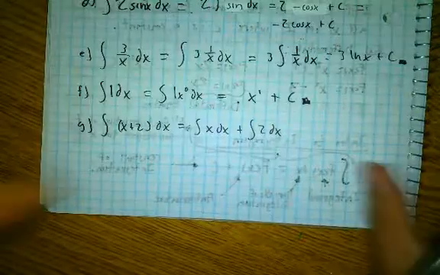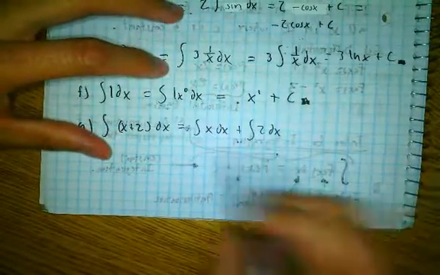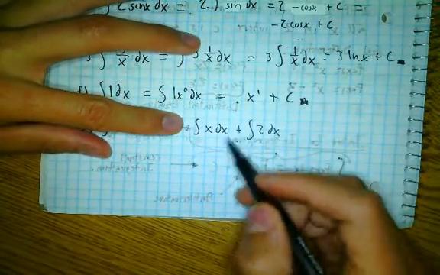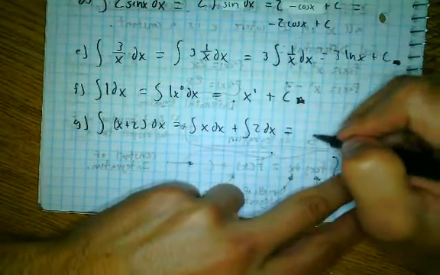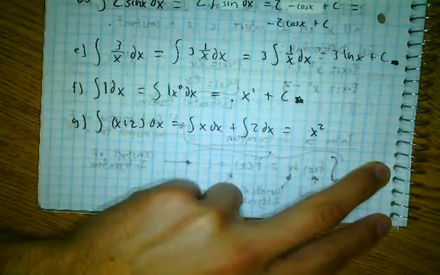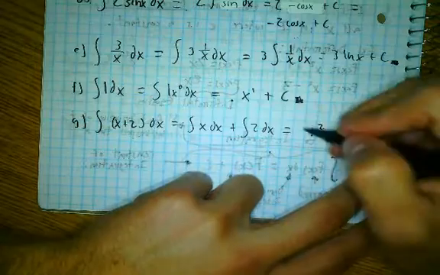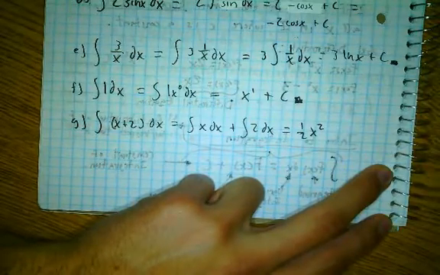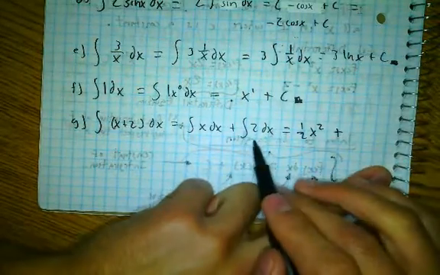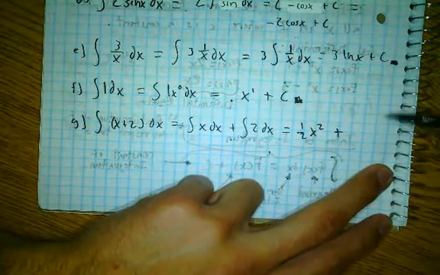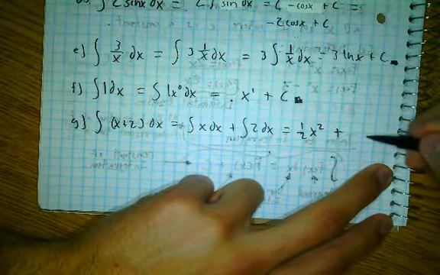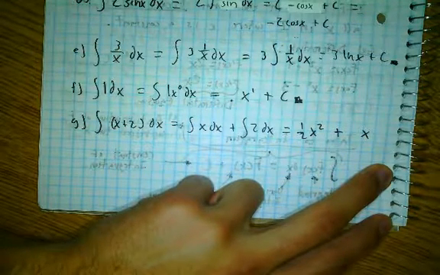What's the antiderivative of x? Well, remember, add 1 and divide by that number. So x squared over 2. Plus, what's the antiderivative of 2? We take x to the 0 power, add 1, so that's x to the 1. 2 divided by 1 is 2x, plus c.